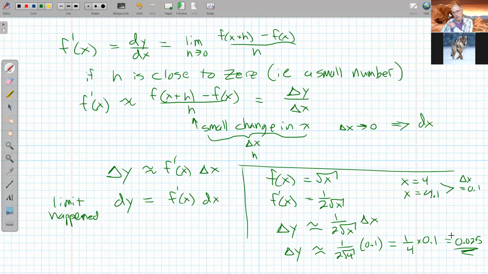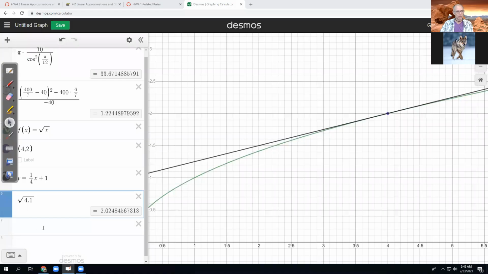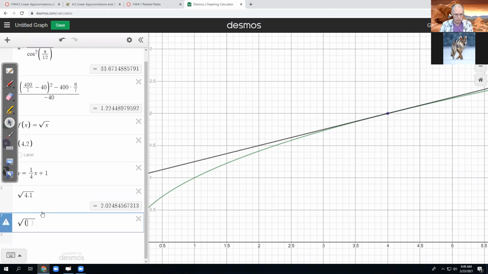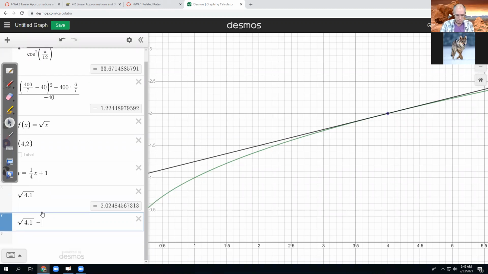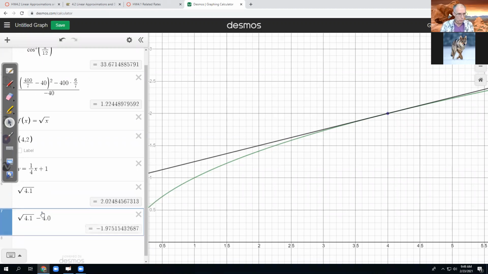Now, I was a little off in my calculation there. So if we compare how far off I was, so the actual answer was that square root of 4.1. I predicted the answer to be 2.025, sorry.